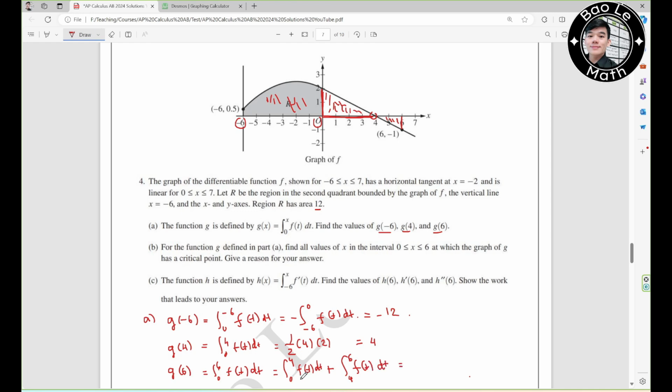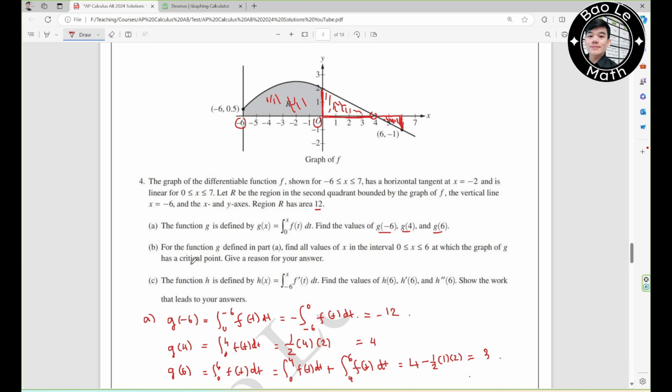Alright, so integral from 0 to 4 is going to be 4. Integral from 4 to 6, because this guy is below the x-axis, so it should be subtraction. Now we need to find the area of this one, so it's going to be the base equal 2 and the height should be 1. So it could be 1/2 times 1 times 2. So it could be 3.